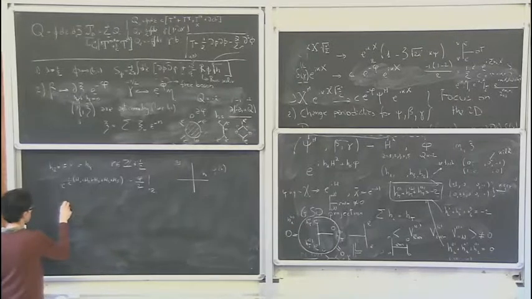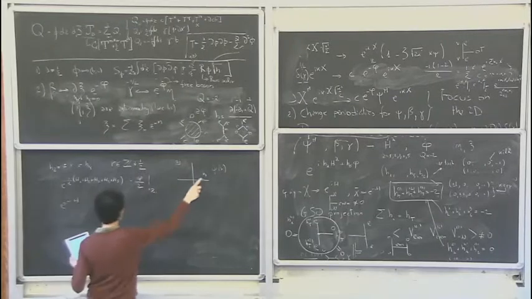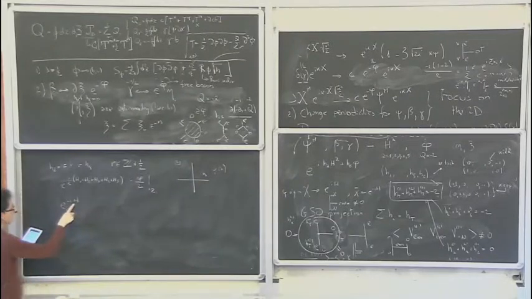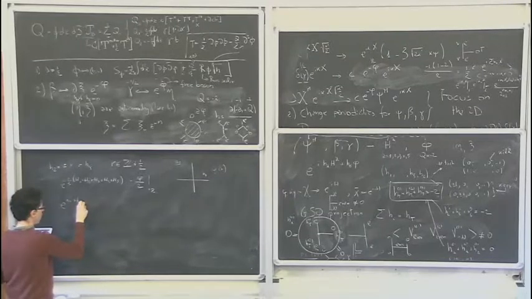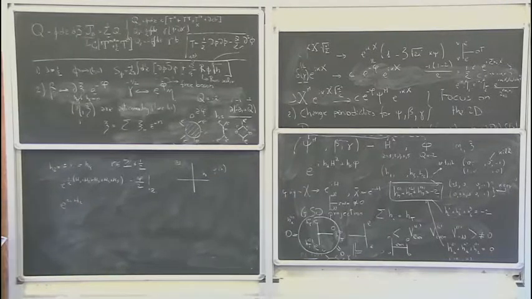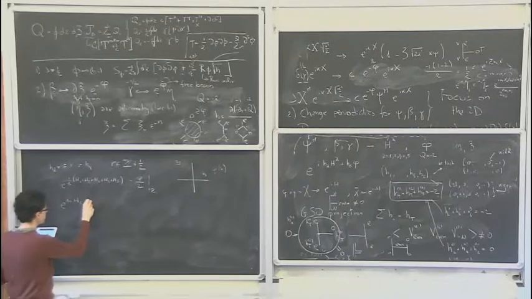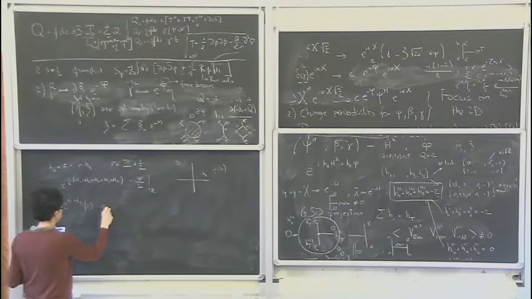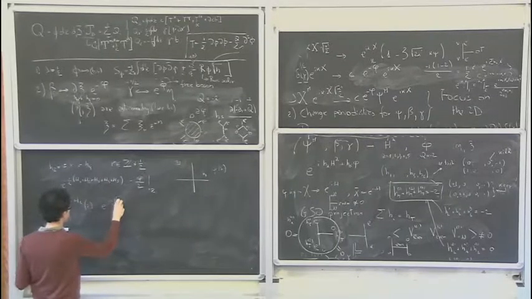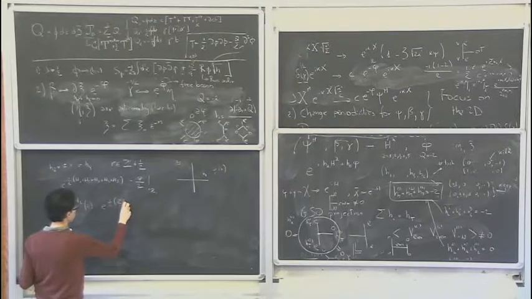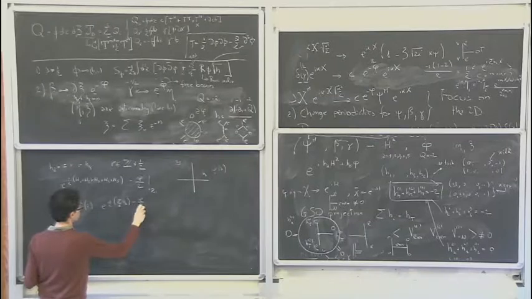Right. And here you have this psi is some e to the plus or minus iH1, and this is in z. And then e to the i, some H_a, minus zeta 1.